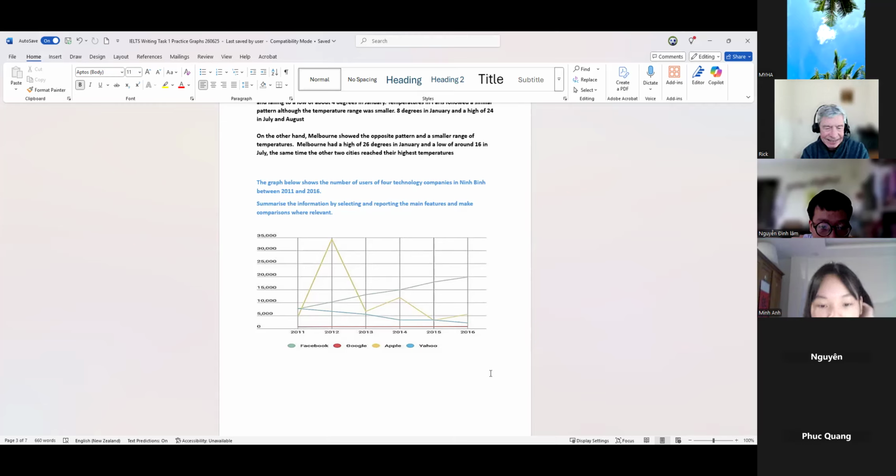So what does that mean? If it didn't grow and it didn't go down, didn't fall, how do you describe that? The next word could be remained or stayed. The number of users of Google remained or stayed. What two words are next?